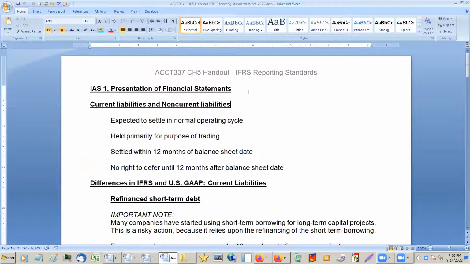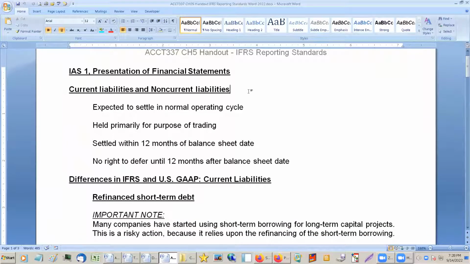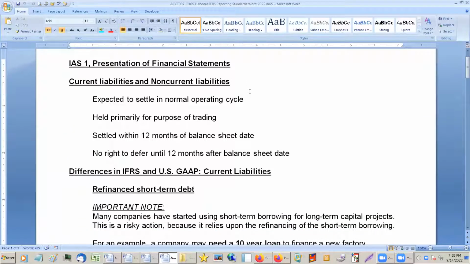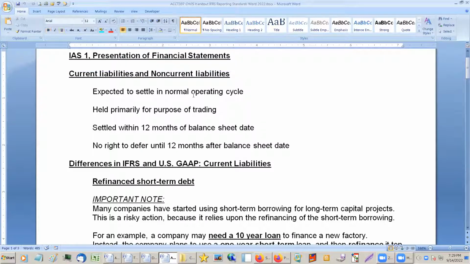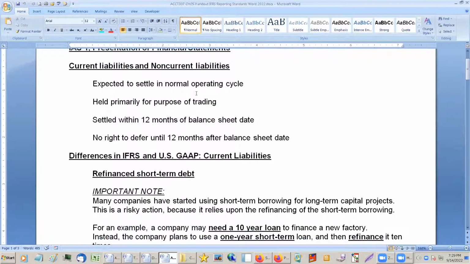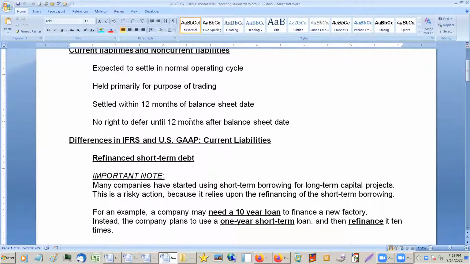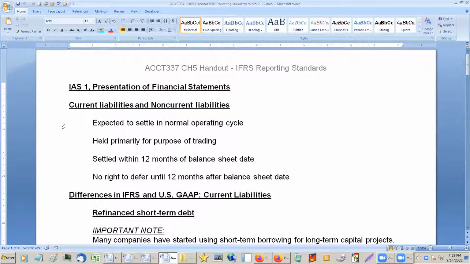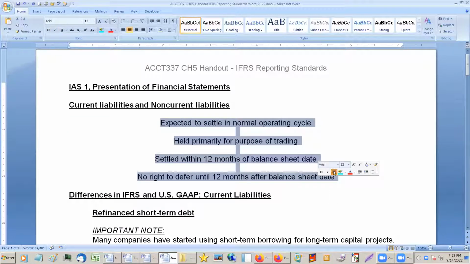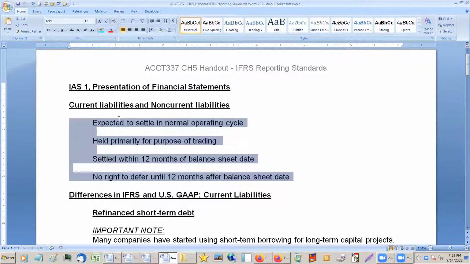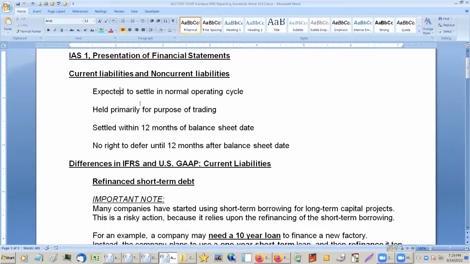Okay, so chapter 5. Most of the current liability stuff is very much the same. They have slightly different wording, but the actual practice is very much the same. For instance, current liabilities are settled in a normal operating cycle, which is usually 1 year.